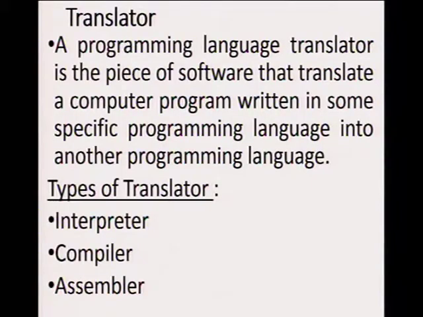So when you write a computer program, there's what we call a translator. A translator is a piece of software that translates a program written in one language to another language. So if you write a program, a translator will translate that program from one language to the computer language, so that the computer can understand what you have just written.